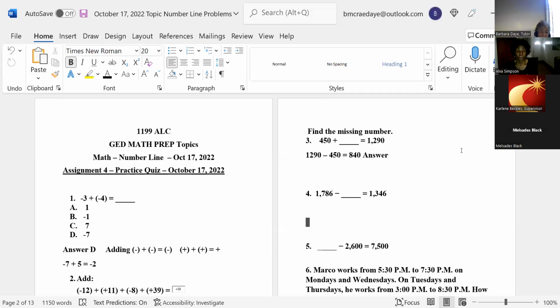Okay, all right. What about number 4, Mercedes? We are at number 4. How would you solve that? Number 4 is actually the same thing. I subtract 1,346 from 1,786.